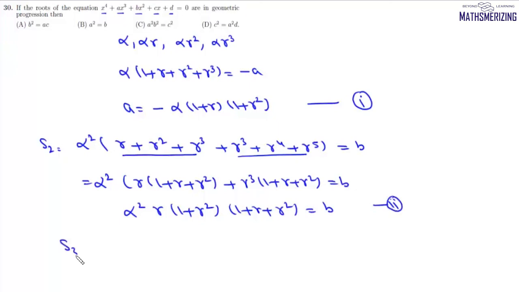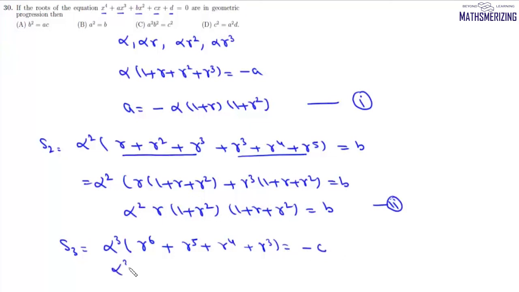Now S3 is taken 3 at a time, so it'll be alpha cube. Now the products are r to the power 6 plus r to the power 5 plus r to the power 4 plus r cube, and this value will be equal to minus c.